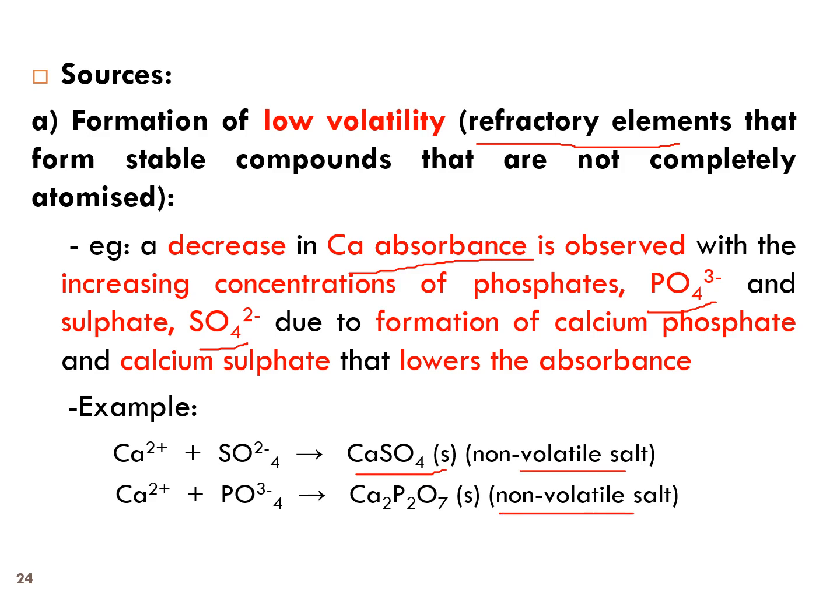So bila salt ni tak volatile, dia akan jadi salt lah, and this will lower the absorbance lah sebab dia form salt dengan anion. So concentration of calcium dalam kita punya flame pun berkurang, and this will lower the absorbance lah.